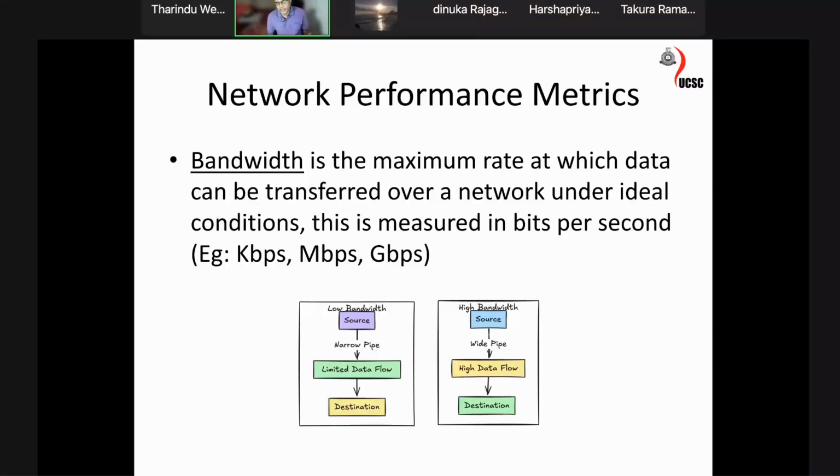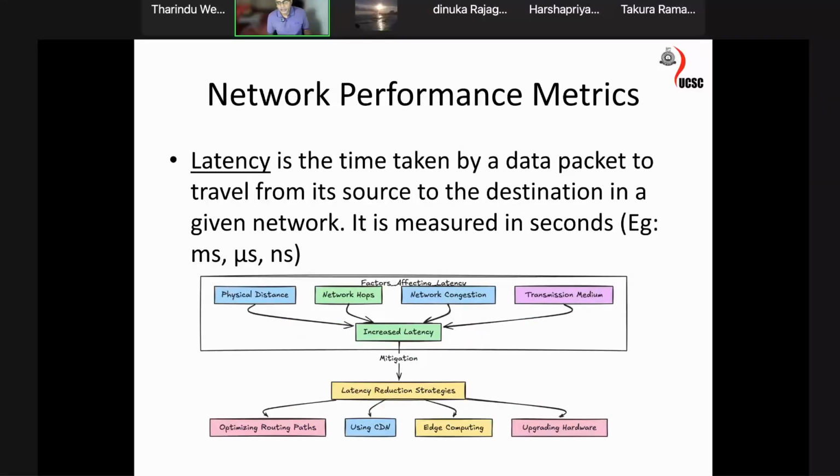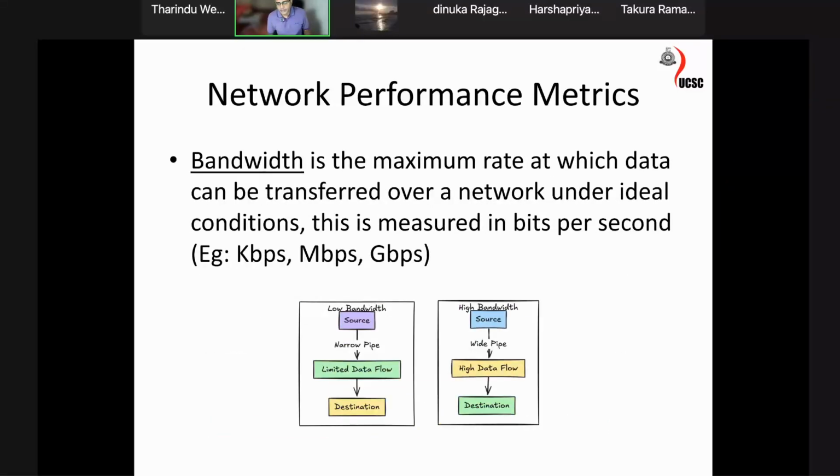Previously, bandwidth was in bits per second, between the source and destination. Source can be a server and destination can be a client, or vice versa. The source computer to the destination computer must have multiple network links and devices, but still end-to-end bandwidth can be measured.